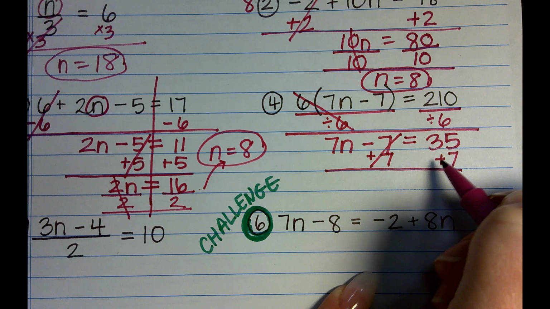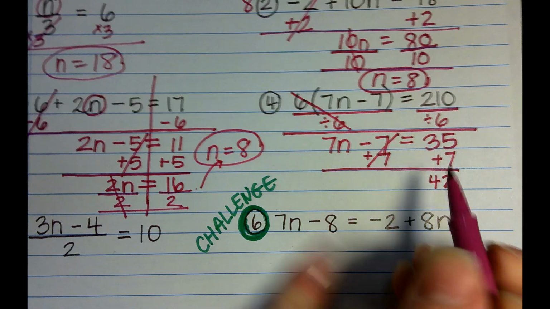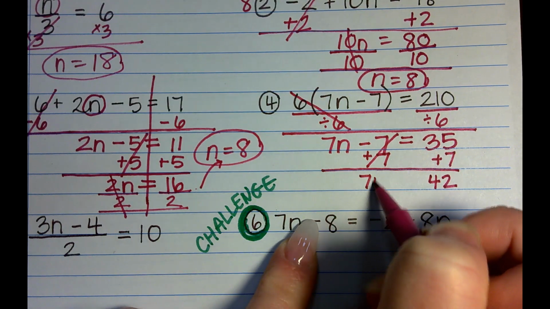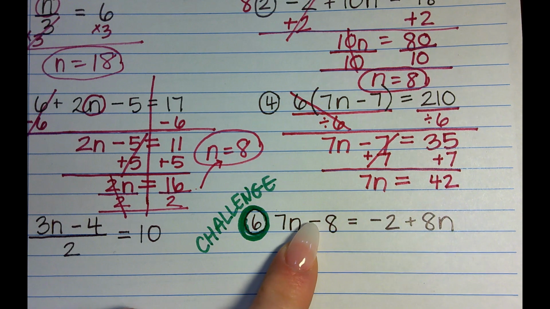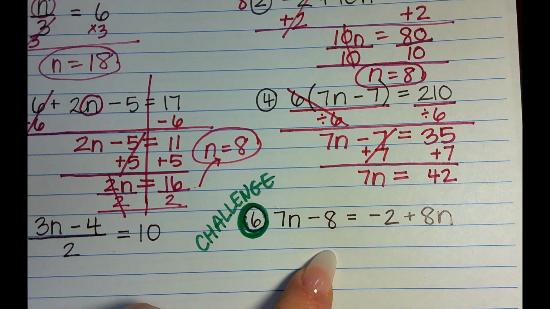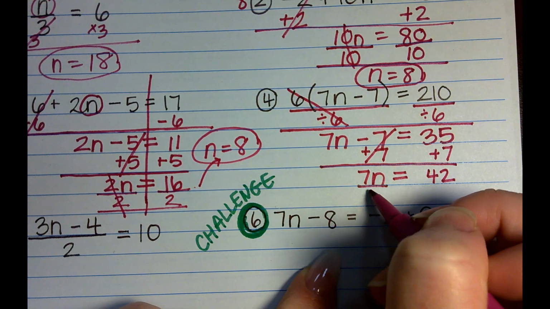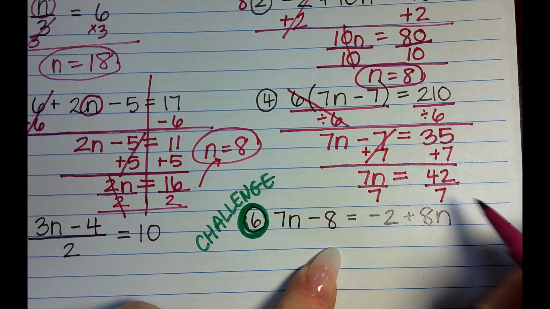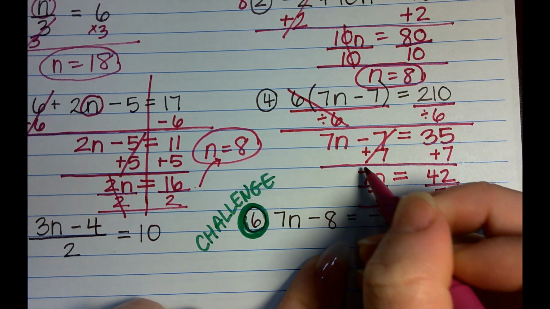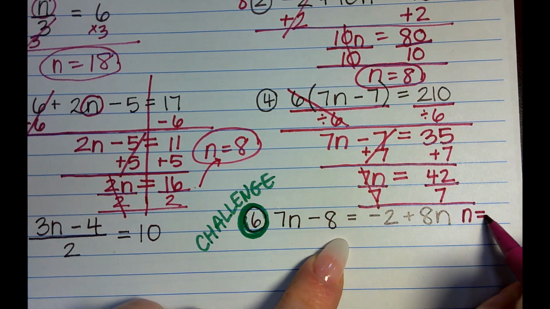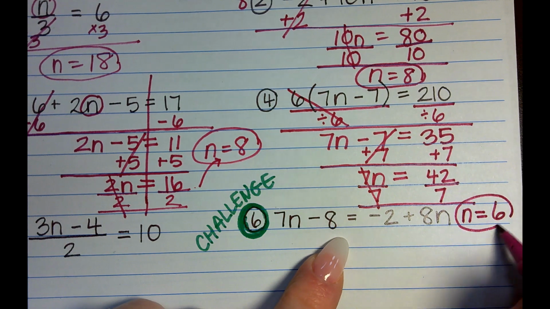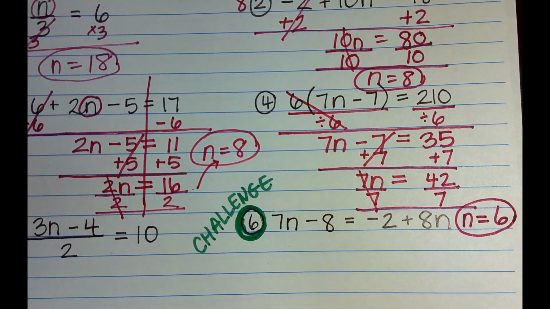That's 42. You bring down 7n. 42. Divide it by 7 and you get 6. Perfect. n equals 6. So our answer for number 4 is 6.